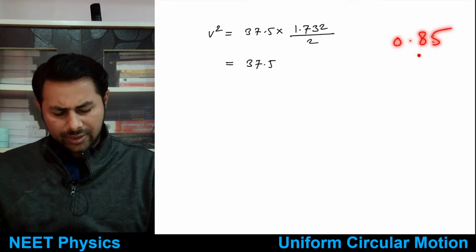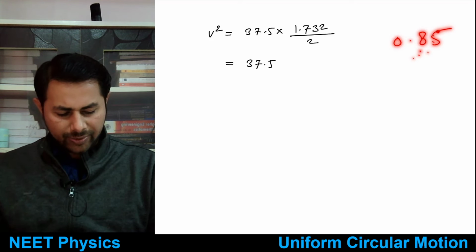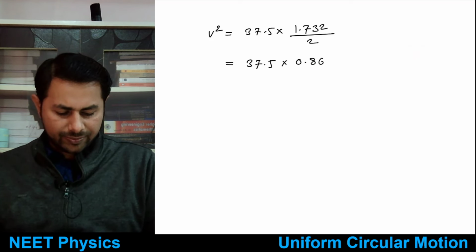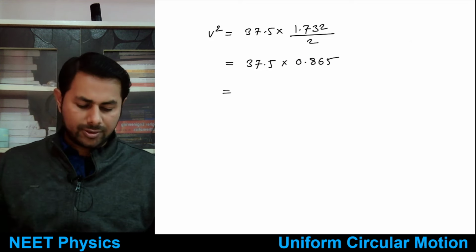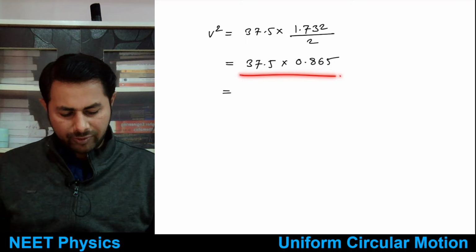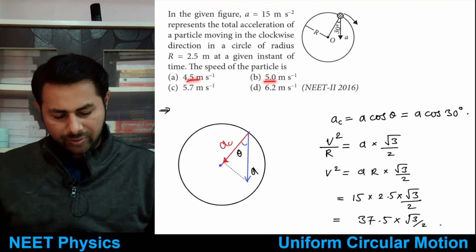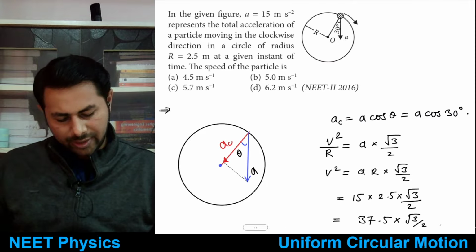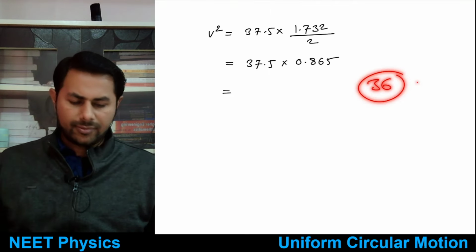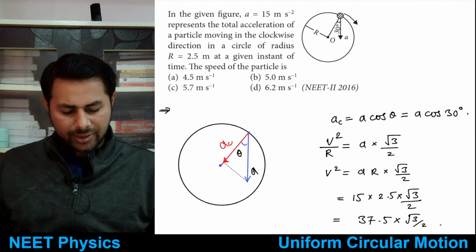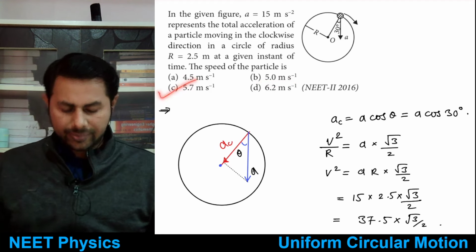Let's take 0.85, no, it won't be 0.85, it will be 0.865. Okay. So, this thing will be a little less than, what are the options? 4.5, 5, 5.7, 6.2. So, I guess V square will be a little less than 36. But of course, it will be greater than 25. So, I think it would be option C, right.